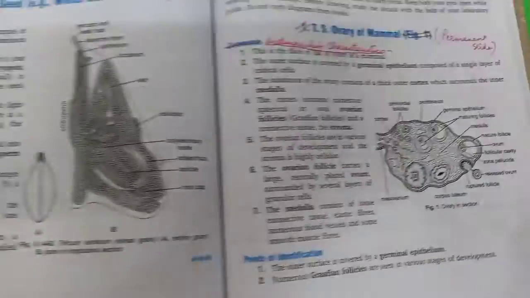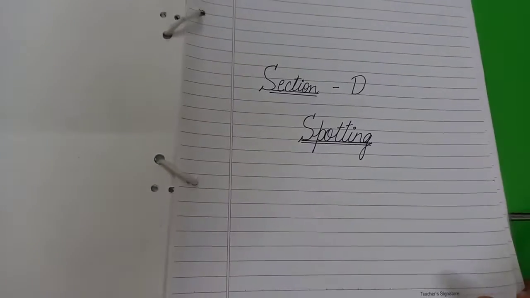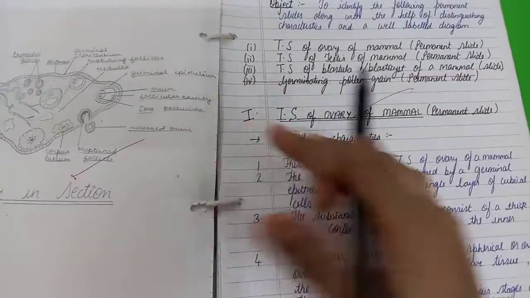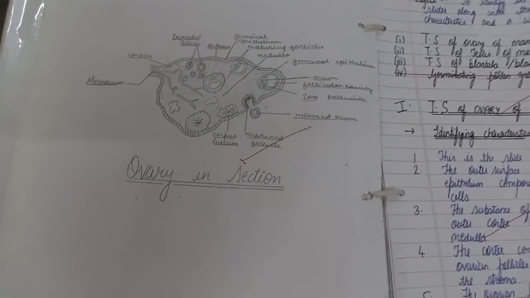I repeat, you're starting with spotting today. We have section D as spotting, and with today's date, 14th of August, your work begins like this, the diagram, and please write down the heading clearly.